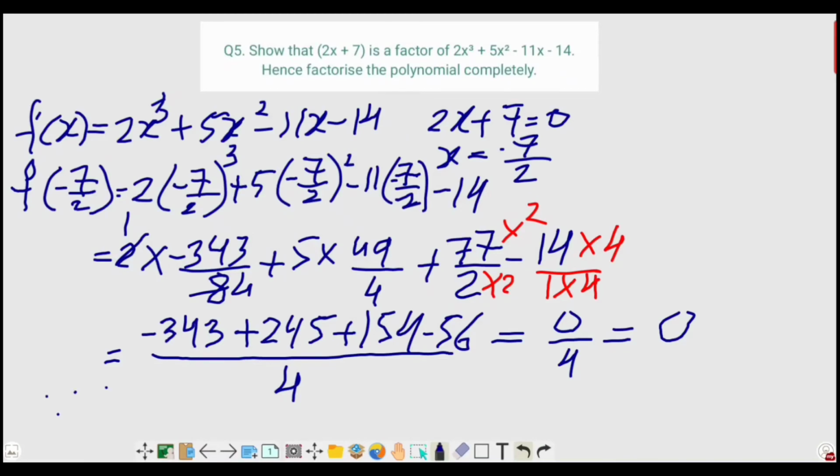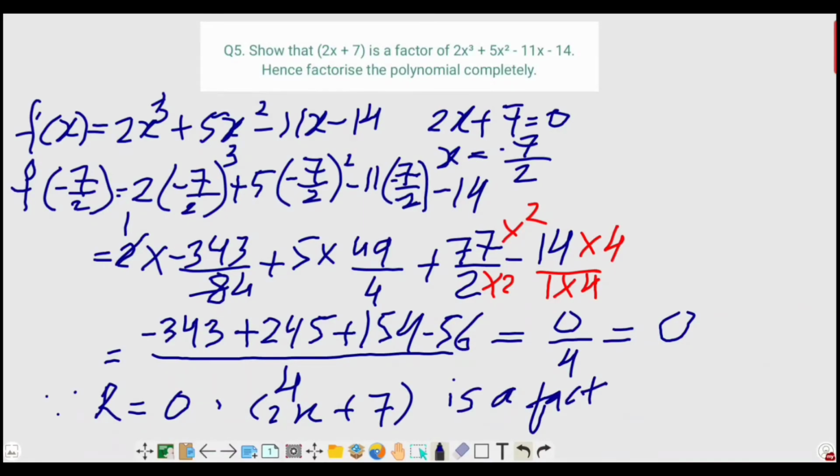So since the remainder is equal to 0, your 2x plus 7 is a factor of the polynomial. It is one of the factors, which they have told you to prove. Now for further, you have to divide this polynomial and find the other polynomial which on factorization will give you the next two factors.